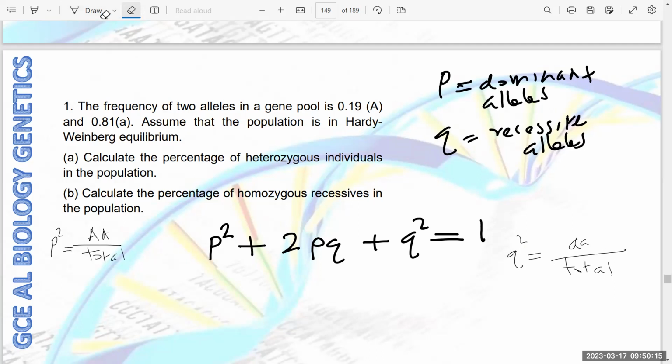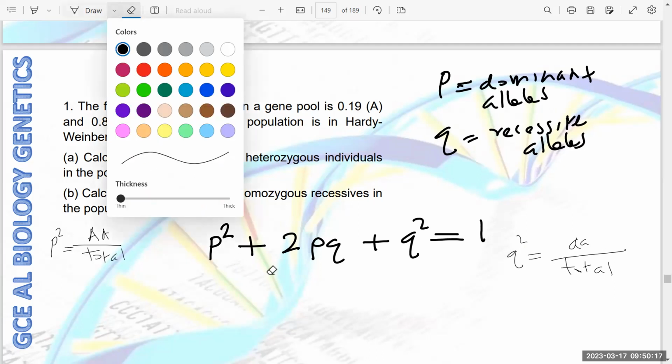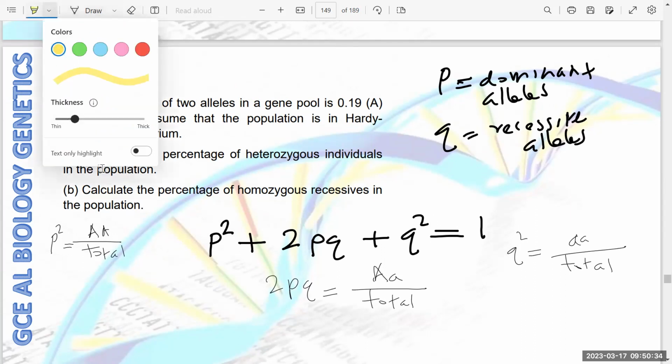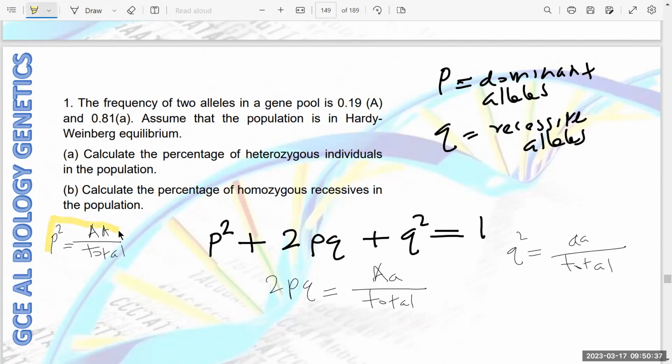So 2pq is how many in total population are heterozygous. So this is important for us to remember: what is the meaning of P squared, what is the meaning of 2pq, and what is the meaning of q squared.